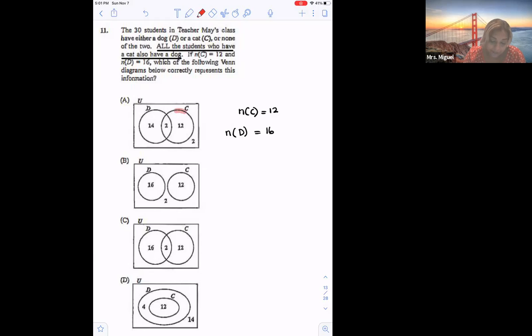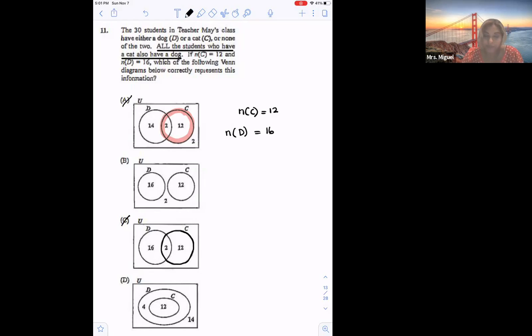This circle here contains 12 plus 2, which is 14. But 12 persons own a cat. So this option is incorrect. This one here as well is 12 plus 2, which is 14. This is incorrect.